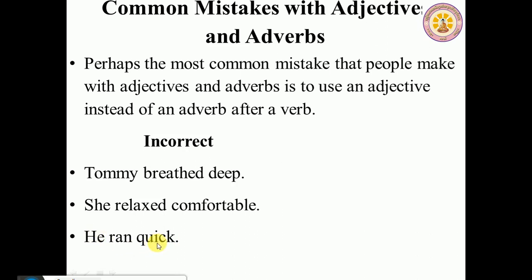So quick is an adjective. We cannot use the adjective quick to add more meaning to the verb. They walked slow. So slow is an adjective. We cannot use slow after the verb walk to add more meaning to that verb.